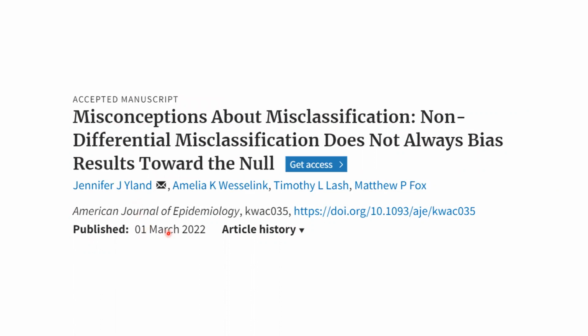It is very recent, March 2022, so it just got published. It's an article talking about the misconception about misclassification, that non-differential misclassification does not always bias results toward the null. So this myth that it's okay if it's non-differential because it will attenuate your odds ratio, and that it's less problematic than an overestimation, is not completely correct.